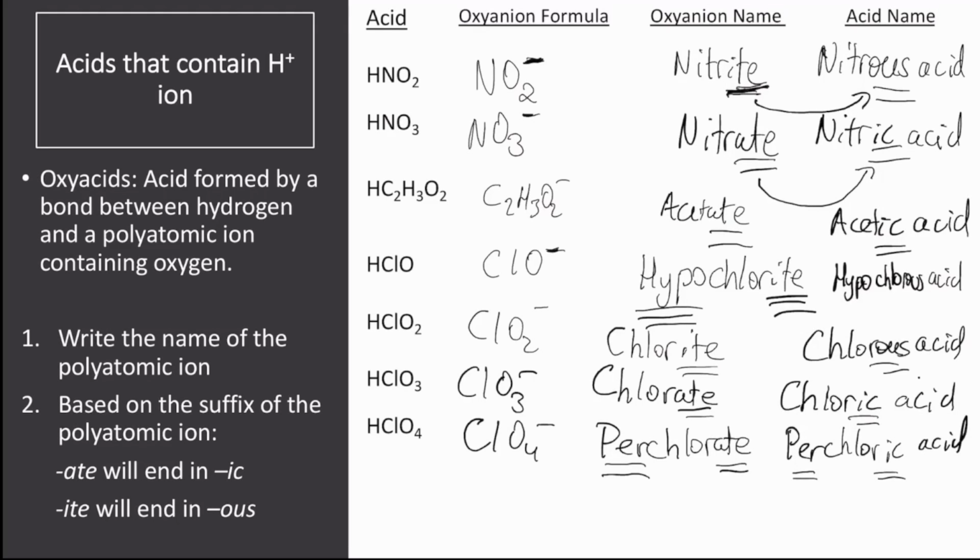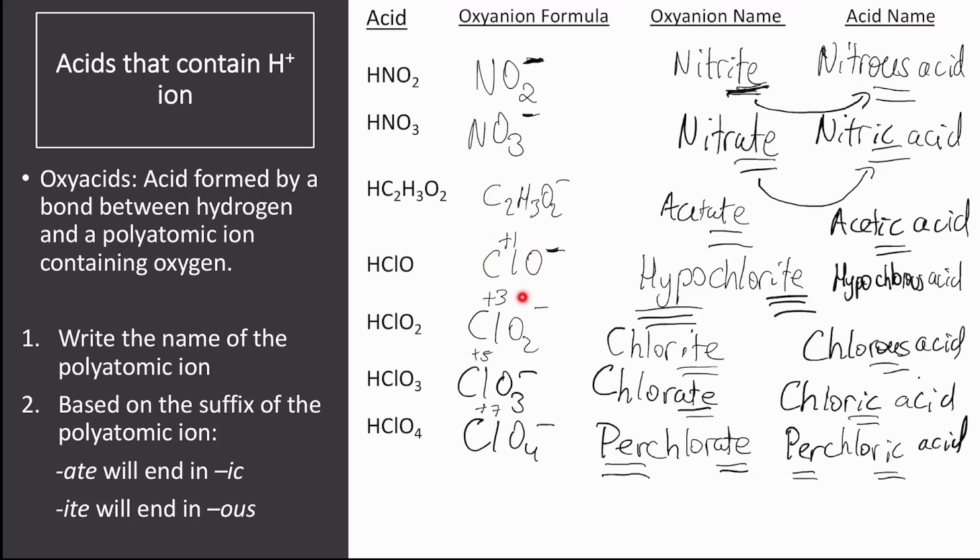Let me mention a few things about the oxidation states of these chlorine atoms. If you do the calculation for each one of them, you will find that the oxidation state of the first one is +1, the second is +3, the third is +5, and the fourth is +7. For atoms that have 4 different oxidation states, like chlorine or manganese, we use prefixes along with suffixes.